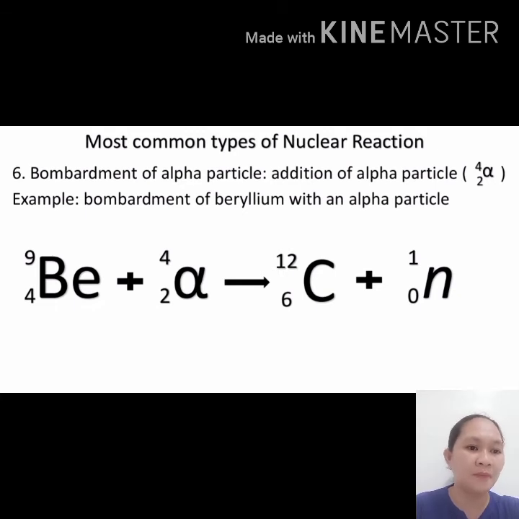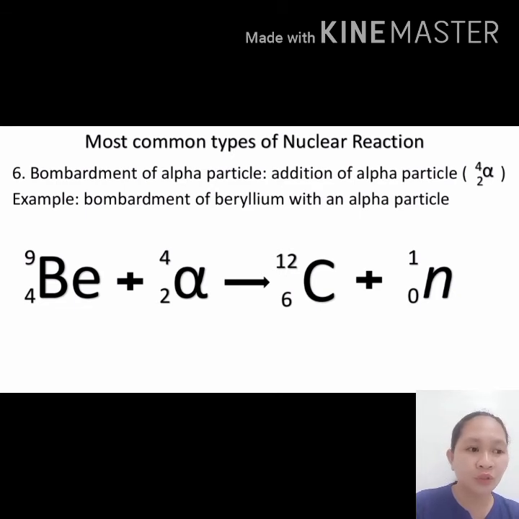So, 4 plus 2 is equal to 6, which is, ang element na merong atomic number na 6 is carbon. Tingnan natin sa ating periodic table of elements. Carbon ay meron siyang atomic number na 6 at meron din siyang atomic mass na 12. So, ilalagay natin 12. Ngayon, 9 plus 4 is equal to 13. So, 12 lang yan.